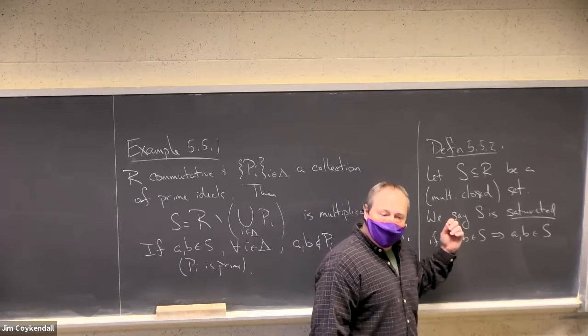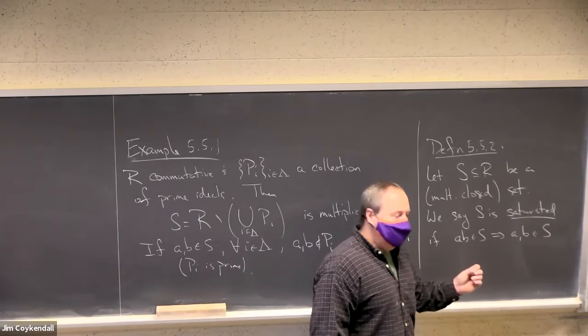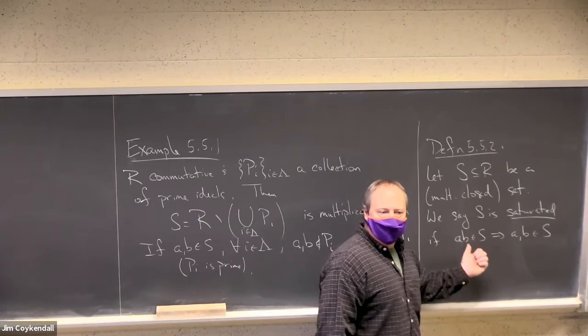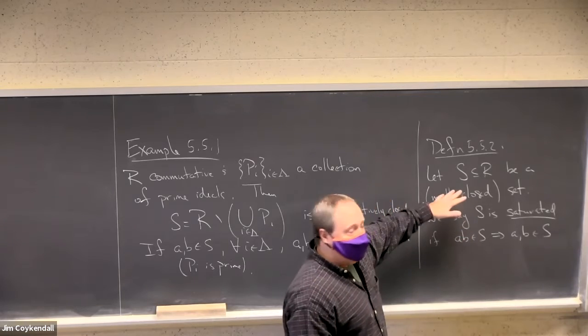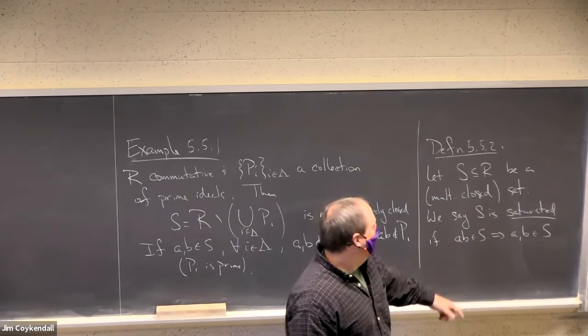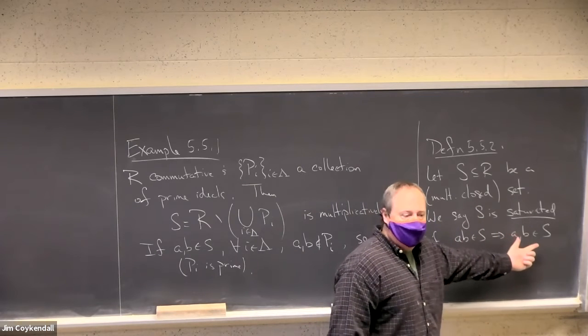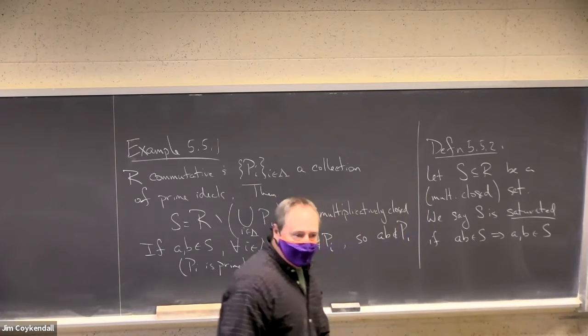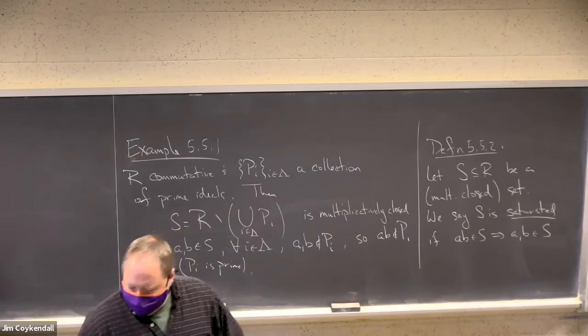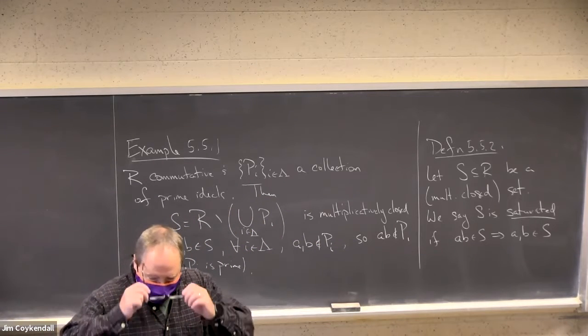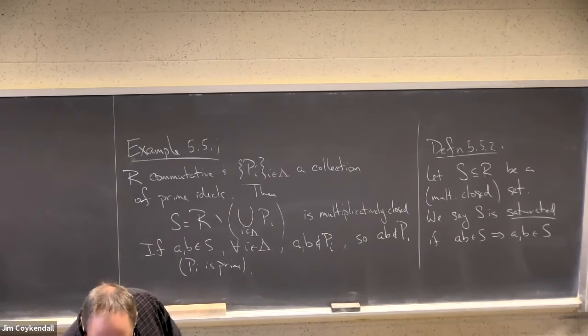Let me point out that if you have any set that is saturated, if it's not empty, and the ring has an identity, then it has to contain one. Because if there's an element A in the set, then A times 1 is in the set, and it has to pick up that divisor 1. So in particular, if you have a saturated set and a ring with identity, a saturated set must contain all the units of R.